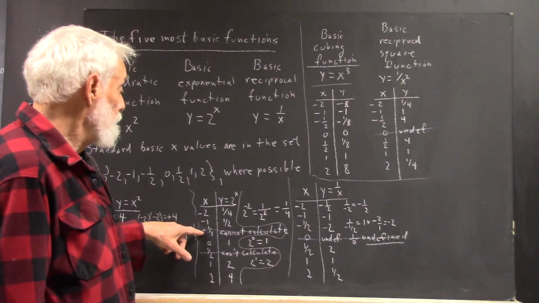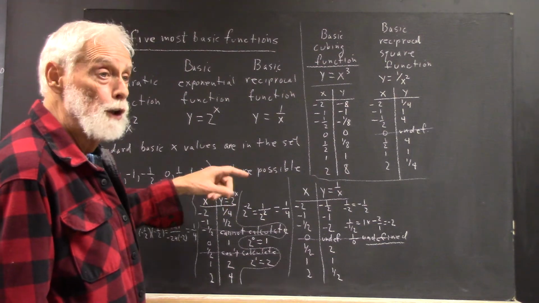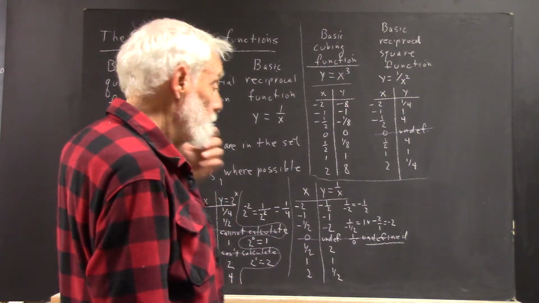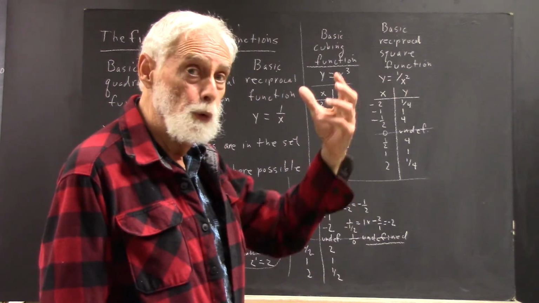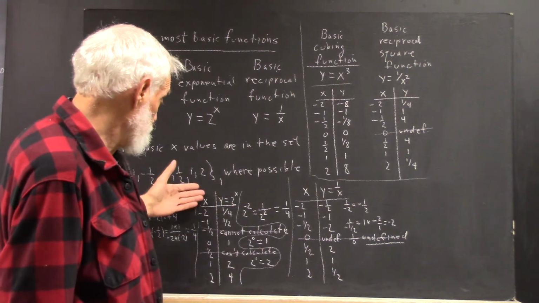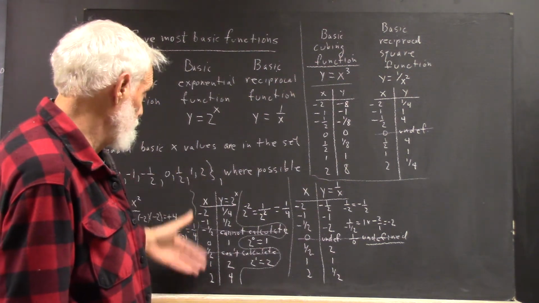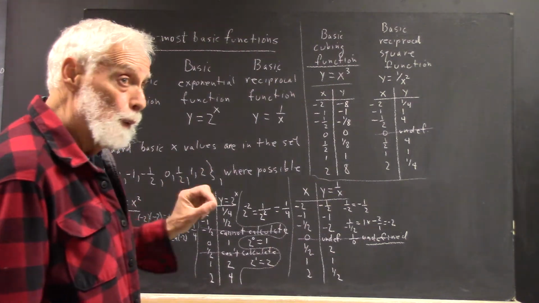This number is in the domain of the 2 to the x function. It's just not in the domain of the basic 2 to the x function, because for the basic 2 to the x function, the only values we use are ones you understand and the ones you can calculate. Now, you do understand and can calculate this, and if you don't totally understand it, you need to review it, and you will, because you'll be required to.